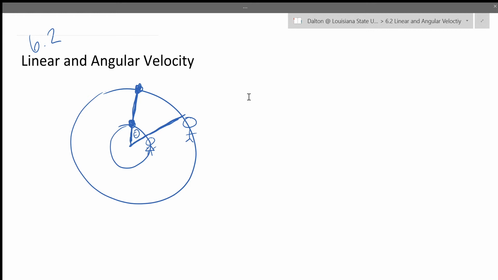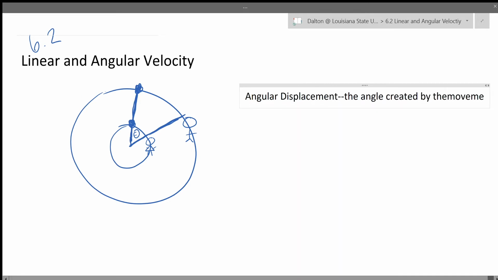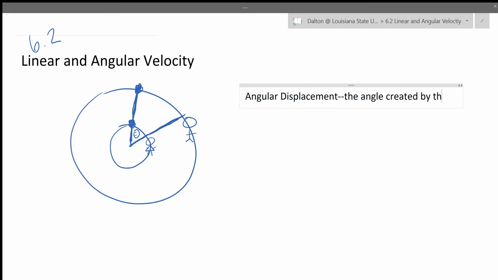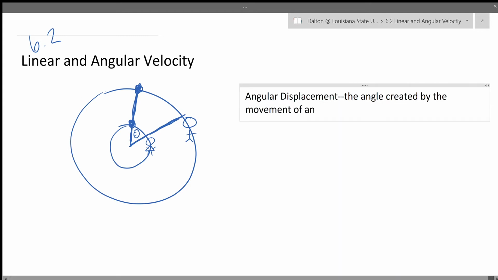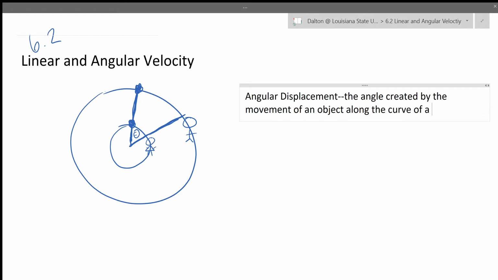So let's write that down first. This is called angular displacement. Angular displacement, in simple terms, is just the angle created by the movement of an object along the curve of a circle from one point to another.